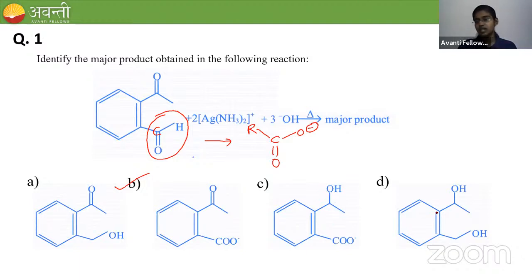No, that doesn't happen. And in option D also, both are getting reduced to alcohol. No. So this is the oxidation reaction, and only oxidation happens. That too, only aldehydes get oxidized to the corresponding carboxylate ion. So option B is the correct answer, and this is the major product for the given reaction.